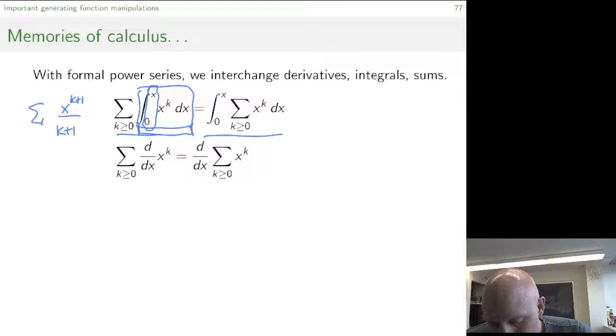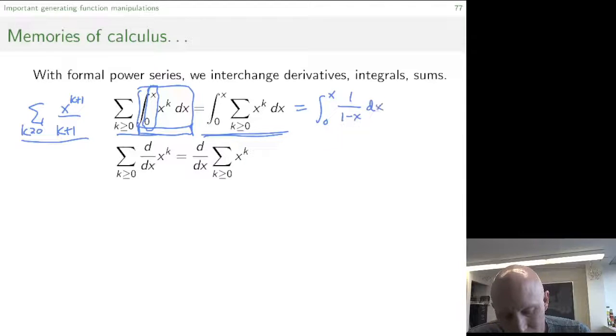And so what we can get is a formula for the sum k greater than or equal to 0 of x to the k plus 1 over k plus 1. So let's actually do that. We get this integral now of the sum. So we get the integral from 0 to x of 1 over 1 minus x dx.